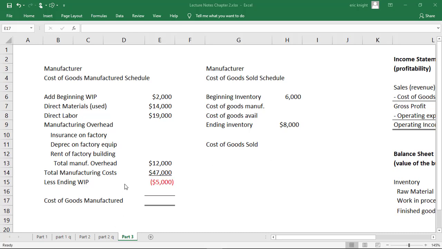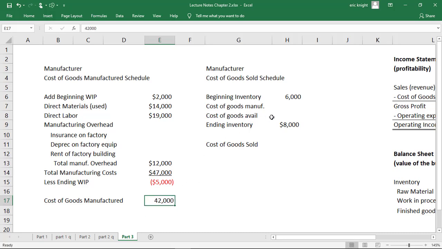All right, so I made a few adjustments on formatting. My total manufacturing costs, beginning work in process plus all those other costs, were $47,000, and I subtract from that the ending work in process of $5,000, and I get $42,000, right?